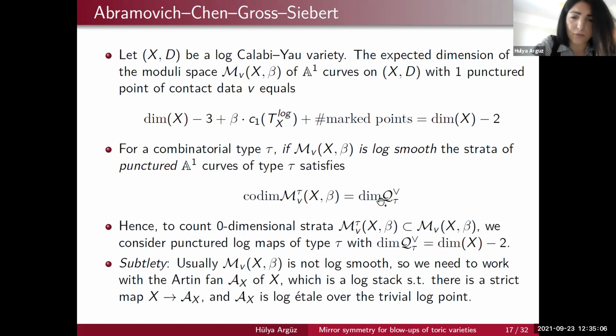But log geometry allows you to count curves in families, so you need to count zero-dimensional strata in this moduli space. We actually look at maps where the basic monoid has dimension x minus 2, so you impose on your domain curve some condition that makes the count well-defined.